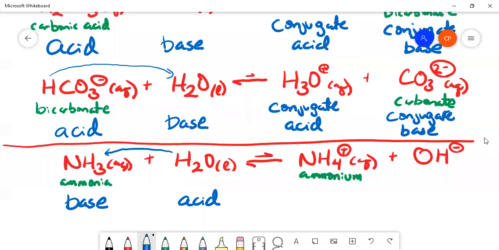Hydroxide. Water is the acid. The hydroxide ion is its conjugate base. And ammonia is the base. Ammonia is the thing receiving the hydrogen ion. Ammonia is the base. What's the conjugate acid? Well, what's left? Ammonium.